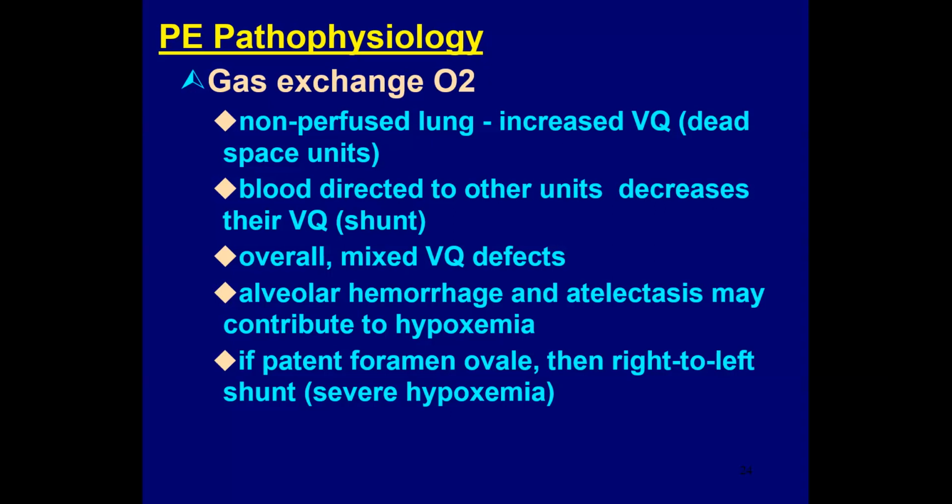We can also get alveolar hemorrhage and atelectasis, and this will contribute also to hypoxemia. Importantly, if the patient has a patent foramen ovale, which is also an atrial septal defect, then there will be a right to left shunt worsening the hypoxemia.